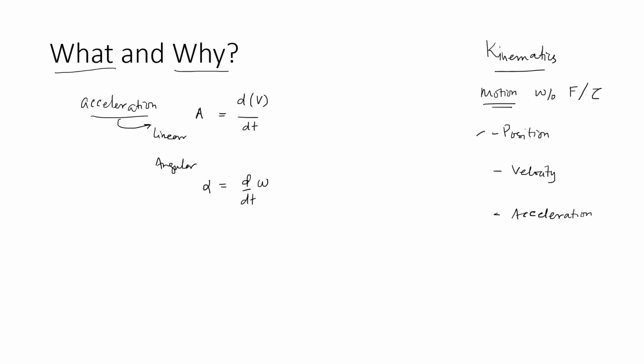So position is actually necessary to find out the velocity because it is the time rate of change of position that defines the velocity. And once we have found out the velocity, after taking the time derivative, it is going to provide us the information about the acceleration. So you can see that the discussion that we are going to start today is dependent on our previous discussions corresponding to velocity and position.